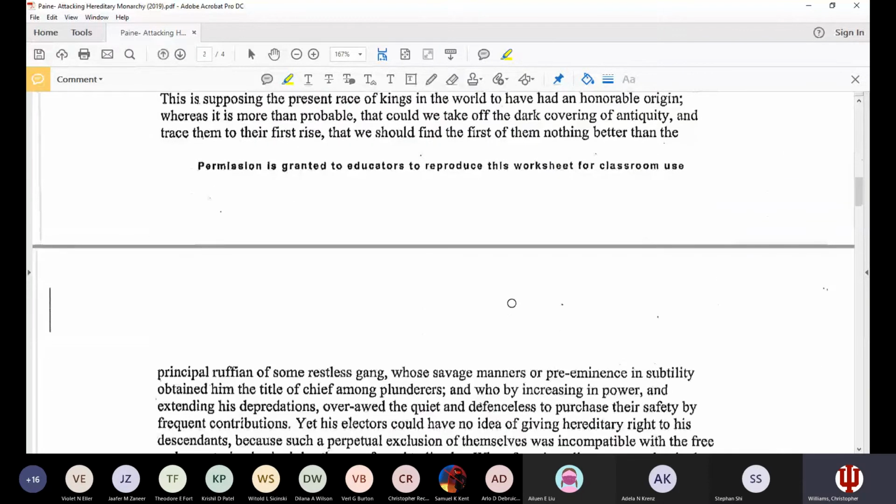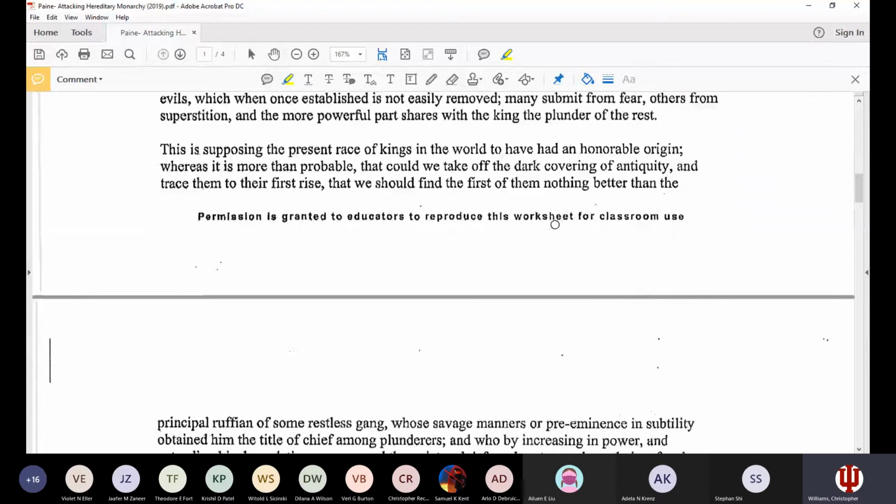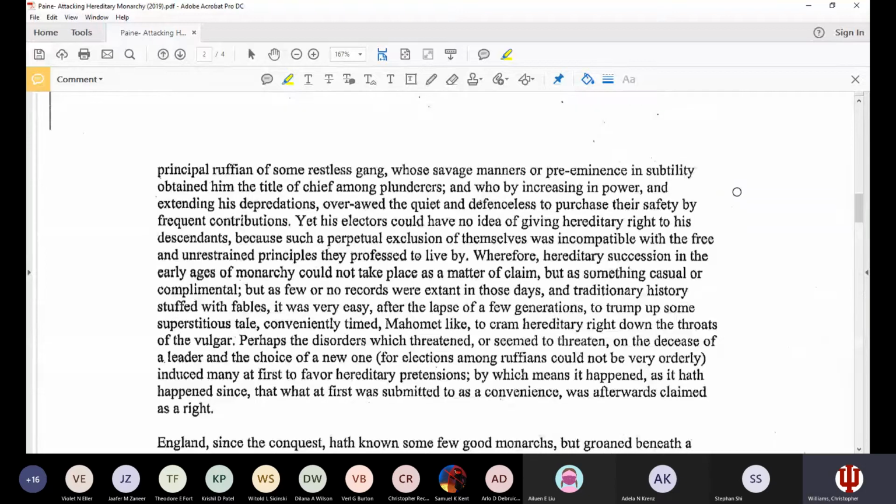And then he goes on to say, this one where he talks about the origin of kings, and what ultimately happens is when people begin to question whether or not this situation is proper, the family in power says, well, that's the way it's always been, even though they can't find any evidence of that, because he says right here, "Wherefore hereditary succession in the early ages of monarchy cannot take place as a matter of claim, but as something casual or complemental.